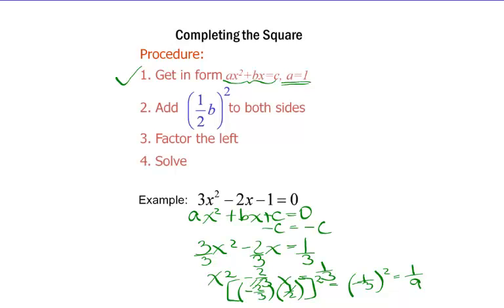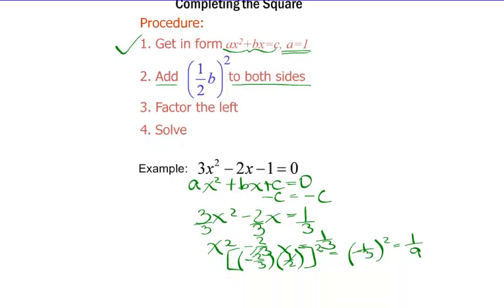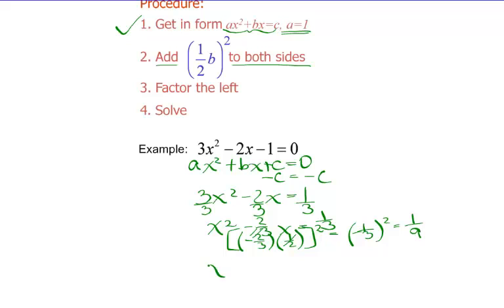And I'm going to add that value to both sides of my equation. So x squared minus 2/3 x plus 1/9 must equal 1/3 plus 1/9. I picked this equation up and added 1/9 to both sides.